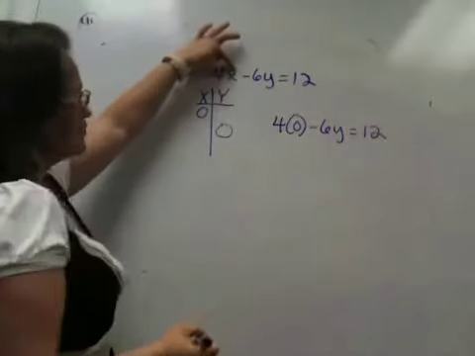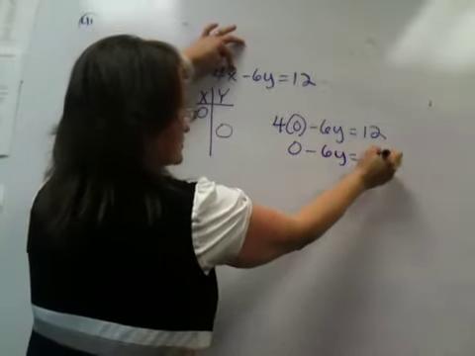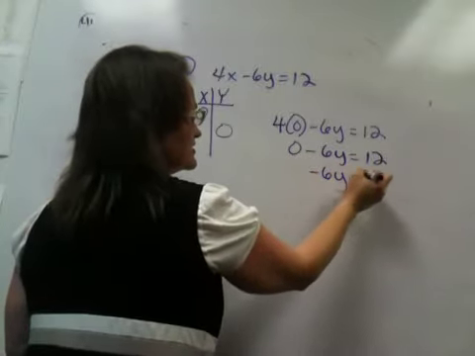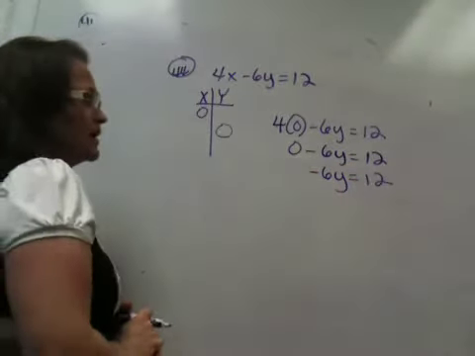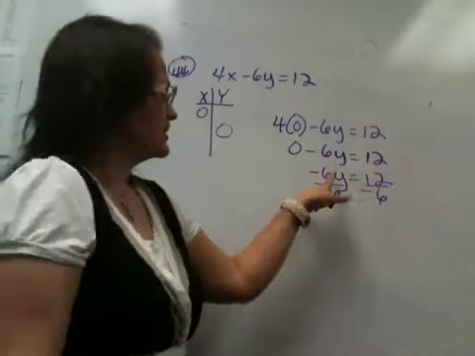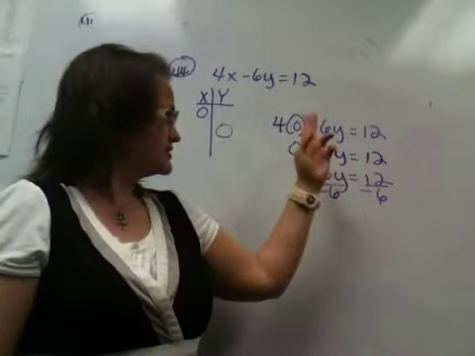So plugging in 0 for x, 4 times 0 is 0. You could really just drop that out. The 0 minus 6y is just minus 6y. And then to solve this, we divide out by negative 6. To get y alone, you need to divide by what it's multiplied by, negative 6.